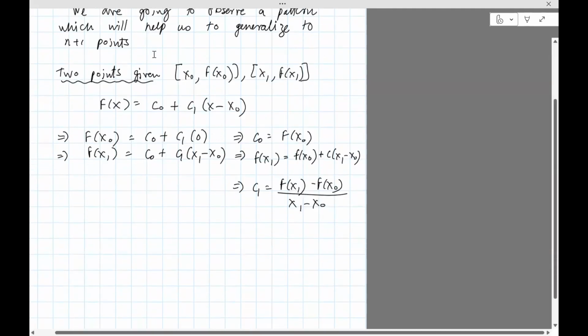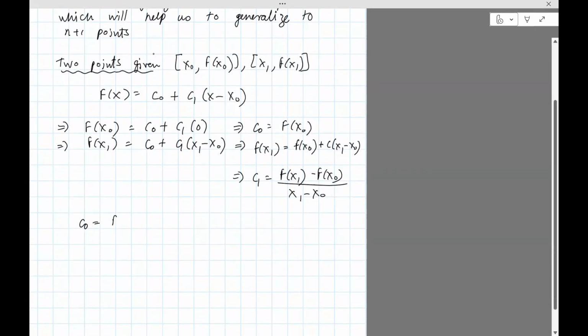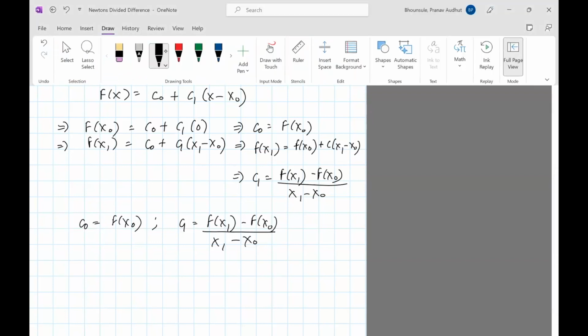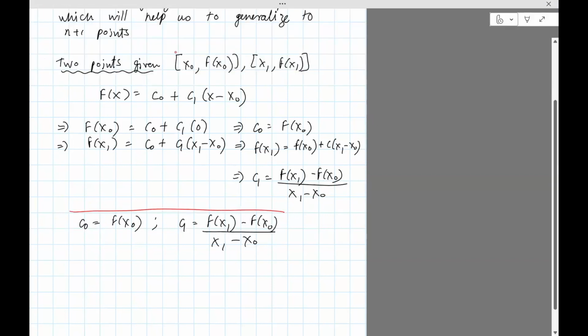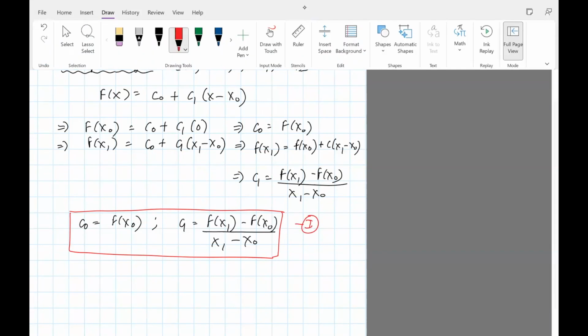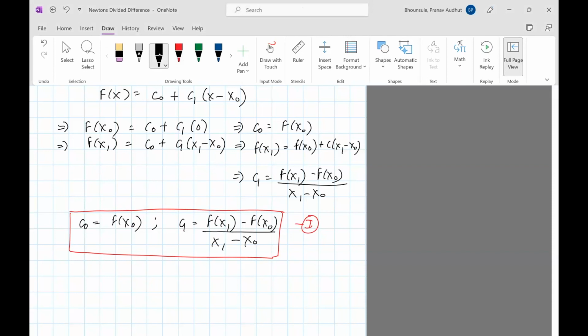Okay, in summary, C0 is simply f of x0, and C1 is f of x1 minus f of x0 over x1 minus x0. We'll just note that this is what we got by assuming this form for the Newton divided difference curve when it passes through 2 points.